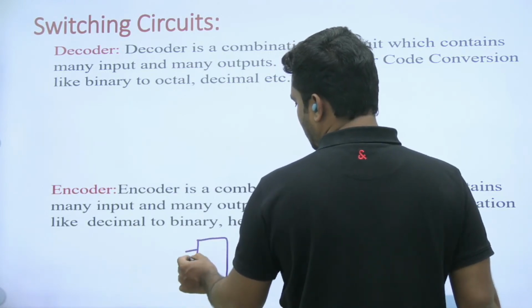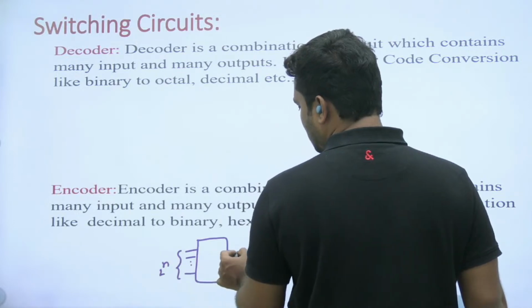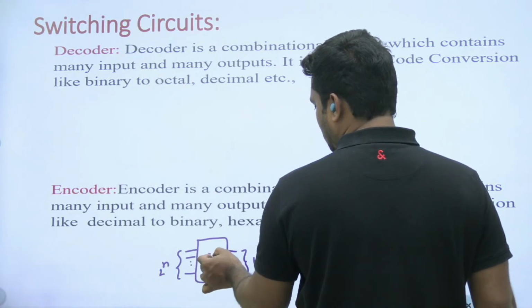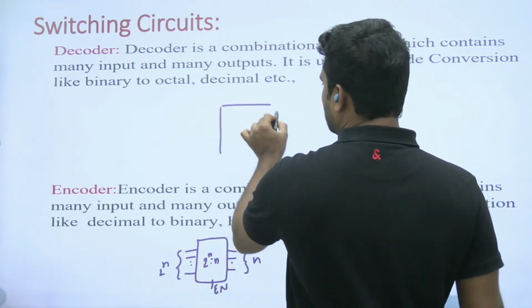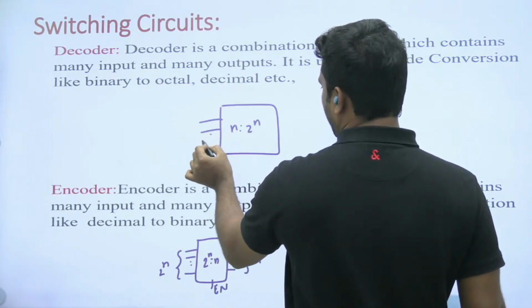Say you have as many as 2 power n inputs and n outputs and one enable line. Here it is reversed. A decoder has n inputs and 2 power n outputs.